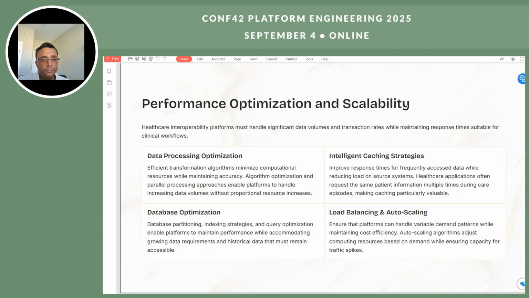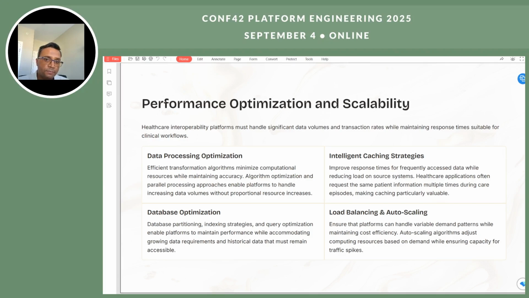While we talk through deployment, from an operationalization standpoint what comes next is performance optimization and scalability. Healthcare interoperability platforms handle significant data volumes and transaction rates while maintaining response times suitable for clinical work. So we want to make sure the data processing is optimized.